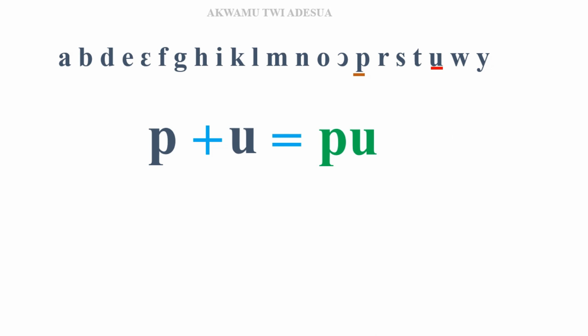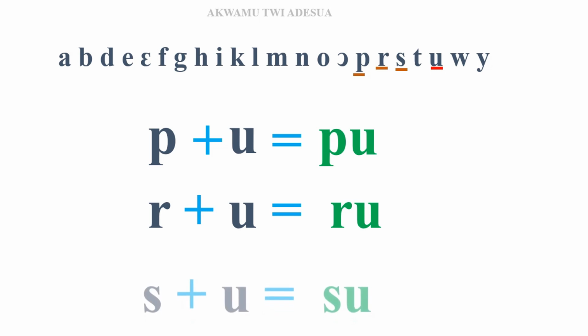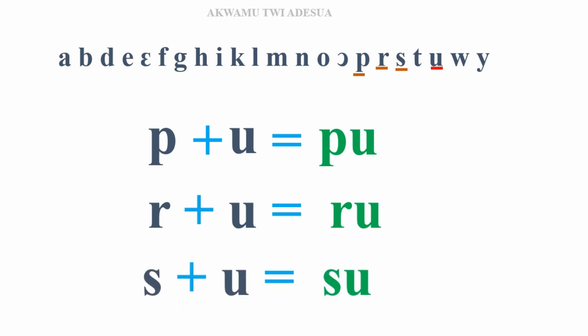P plus U will give us Pu. R plus U will also give us Ru. S plus U will give us Su.